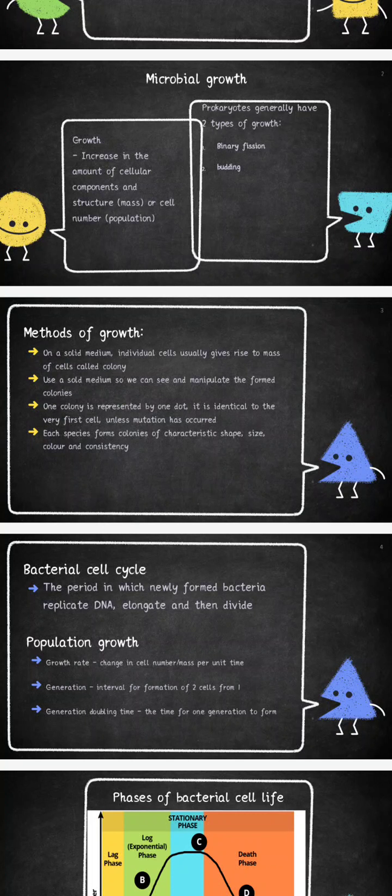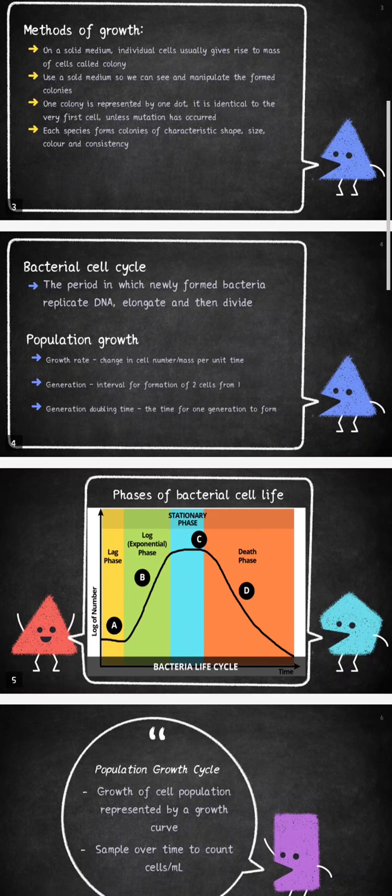Okay. Next, after population growth, we will deal with the phases of bacterial cell life. So in the picture, letter B is your exponential growth or exponential log phase.